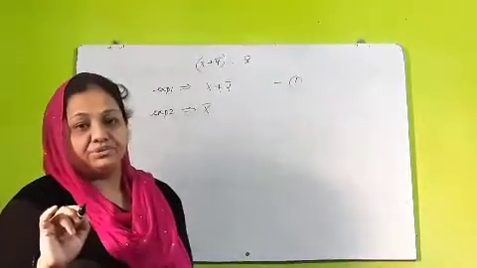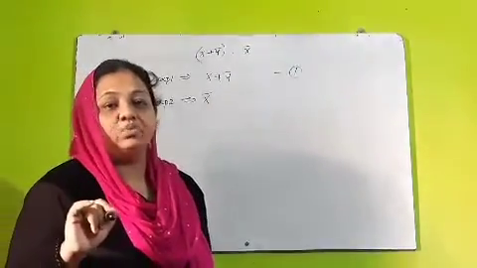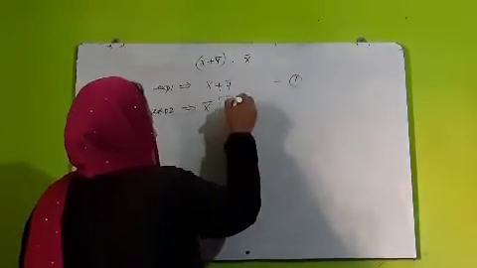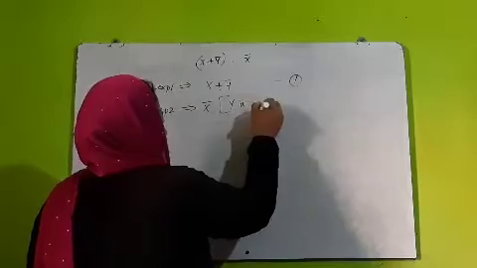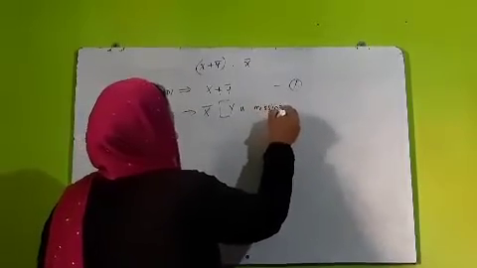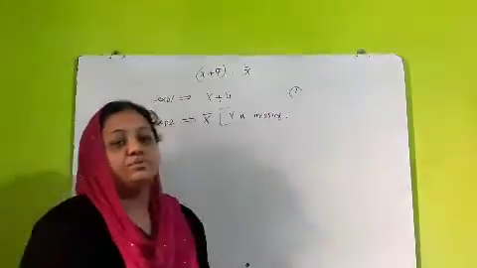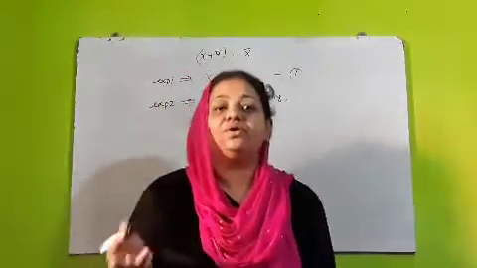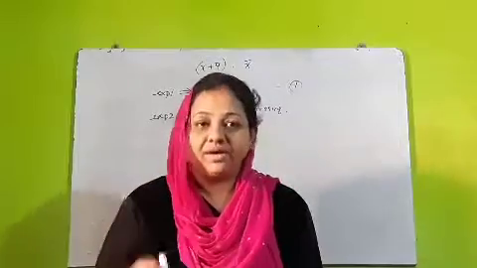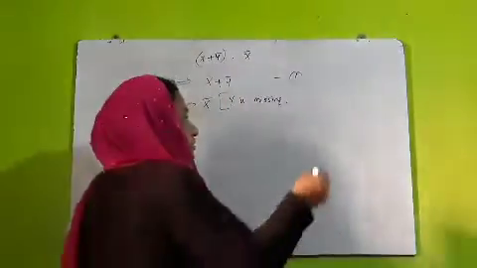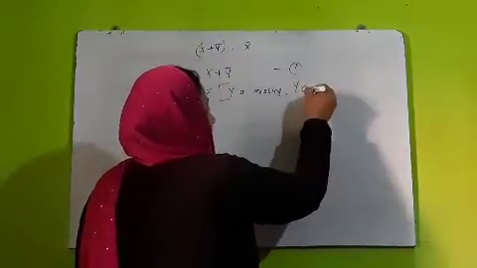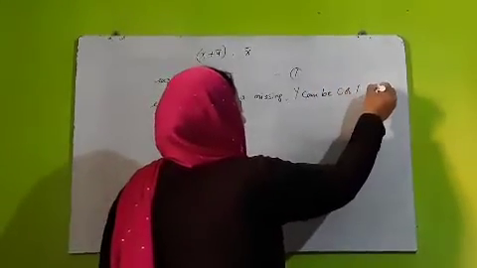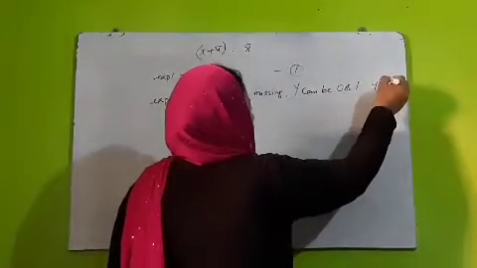In expression 2, one variable, y, is missing. As we know that y is a logic variable, y can be 0 or 1, that is, y or y bar.